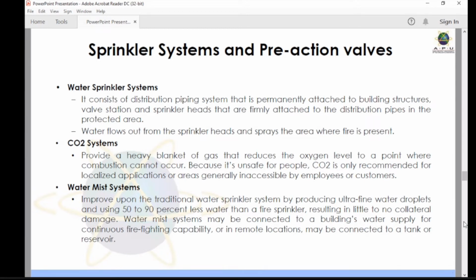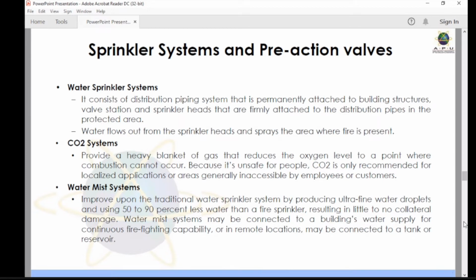The water sprinkler system consists of a distribution piping system permanently attached to the building structure, valve stations, and sprinkler heads firmly attached to the distribution pipe in the protected area, like we saw in the figure before. Water flows out from the sprinkler head and sprays the area where the fire is present.